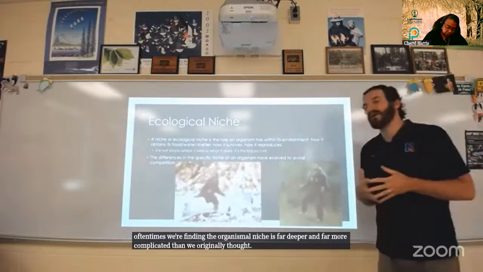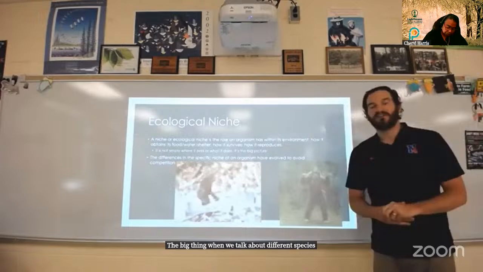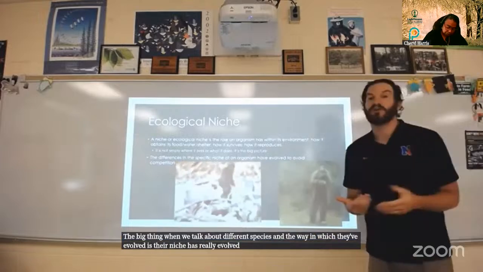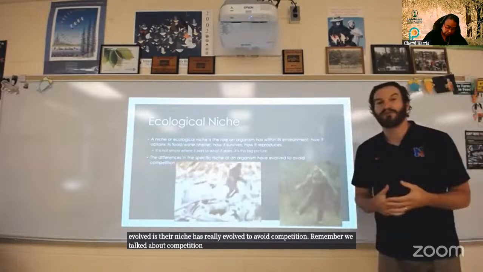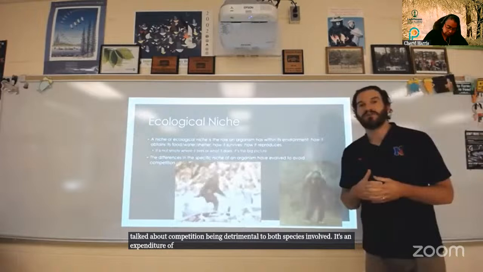The big thing when we talk about different species and the way in which they've evolved is their niche has really evolved to avoid competition. Remember, we talked about competition being detrimental to both species involved. It's an expenditure of energy, which they do not need to do.